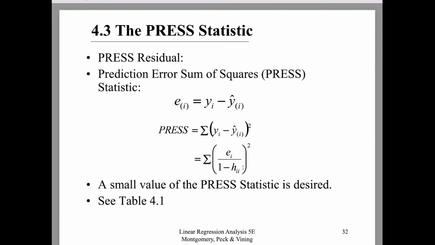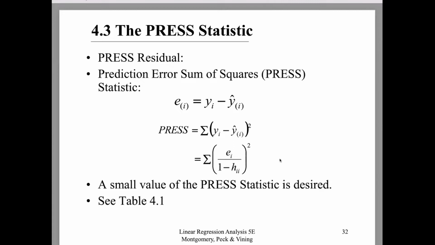And so we only need to fit one model, calculate the raw residuals, determine the diagonal elements in the H matrix, calculate the PRESS residuals in this way, square them, and then sum up the squared values, and that gives us the PRESS statistic. That's a more computationally efficient way, certainly, to calculate the PRESS residuals and the corresponding PRESS statistic, because you only have to fit one model.